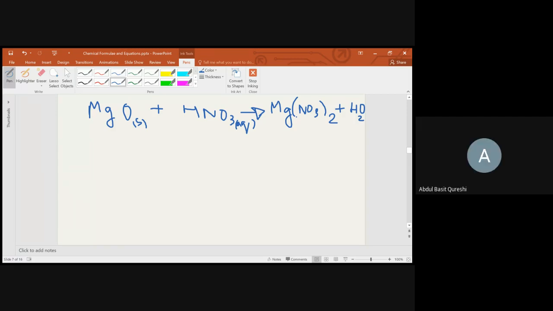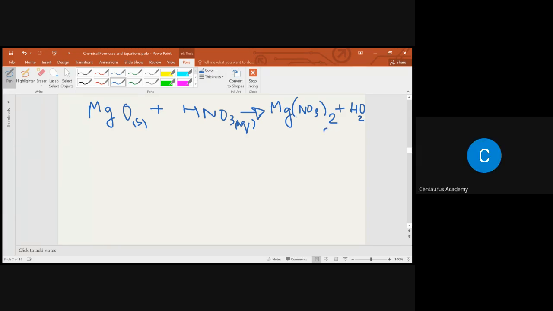Solid? How? It is a salt. No, but all nitrates are soluble. Remember the solubility rules of salts: all nitrates are soluble.